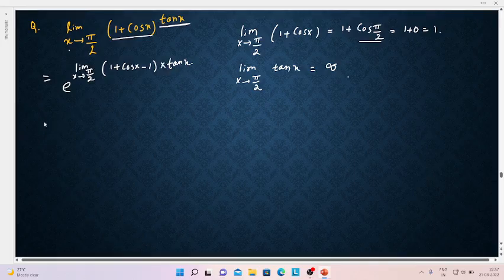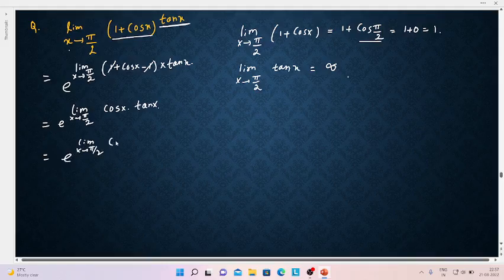That is e to the power limit x tends to pi by 2 of cos x times tan x, which can be written as sin x over cos x.